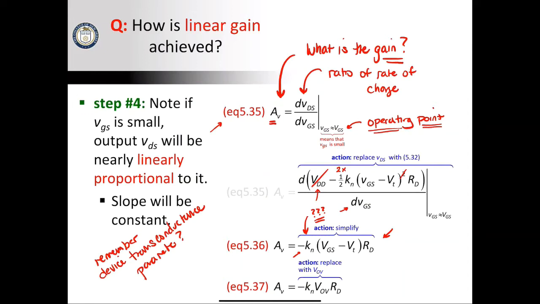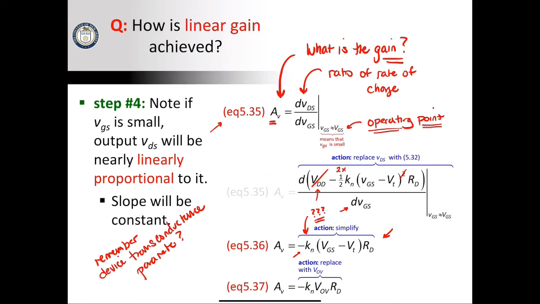The process transconductance parameter is the more general one, and that one does not include the aspect ratio, and that's Kn prime. I mean, it's not a big thing. I get it, but I don't really ask you to memorize that much stuff in this class. So it's one of those things I think that you just, as a graduate, should come out being familiar with what that term is.